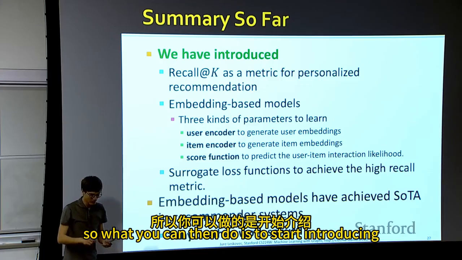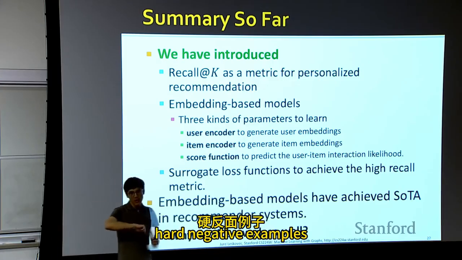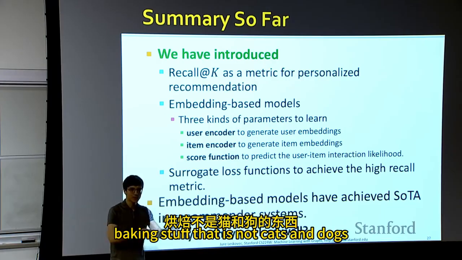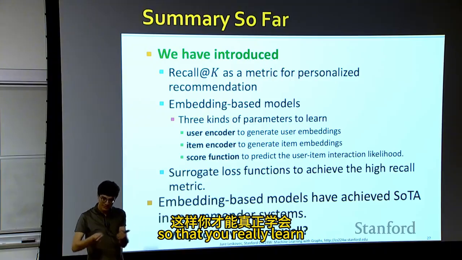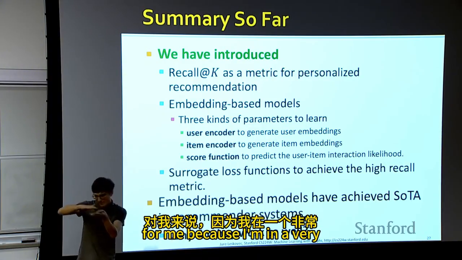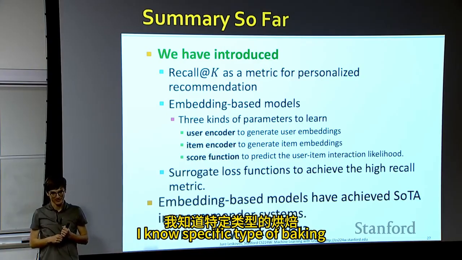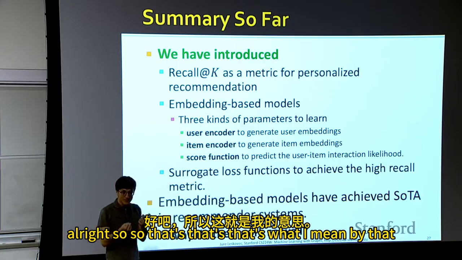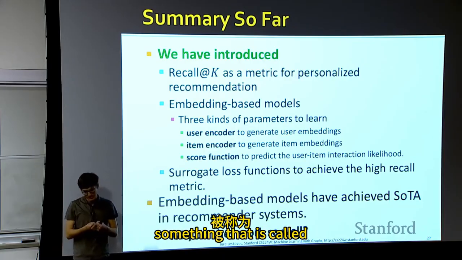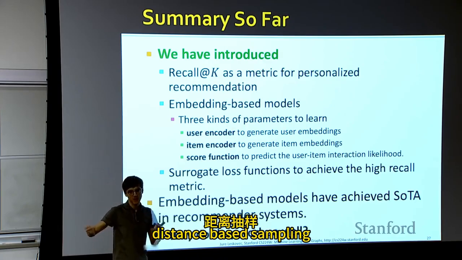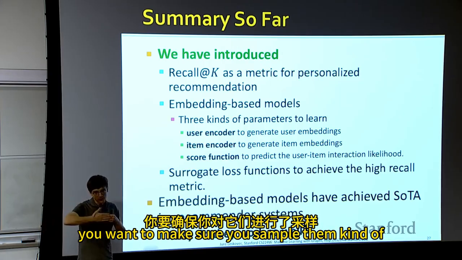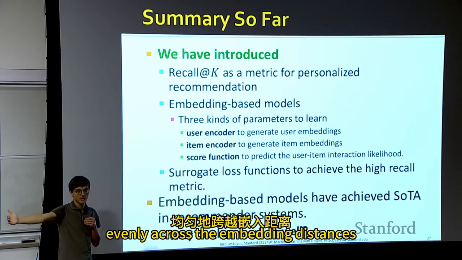So what you can then do is start introducing what are called hard negative examples, so baking stuff that is not cats and dogs, so that you really learn how to personalize baking stuff for me because I'm in a very specific type of baking. And I'll show you something called distance-based sampling, where when you sample negative examples, you want to make sure you sample them evenly across the embedding distances.